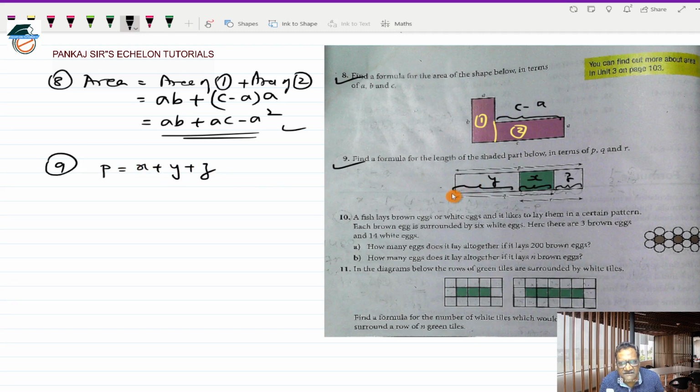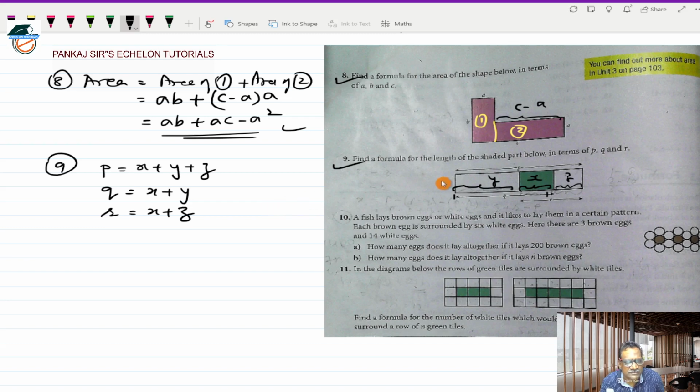Then this from here to here is given as Q. So can I write Q is equal to X plus Y? And this is given as R, from here to here, so R can be written as X plus Z. Fine.